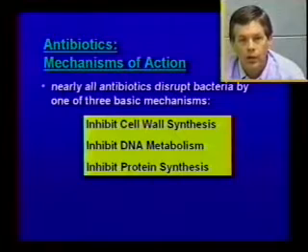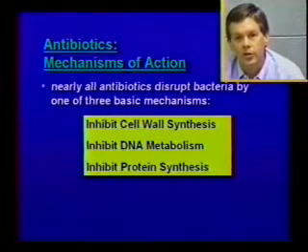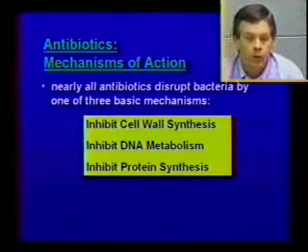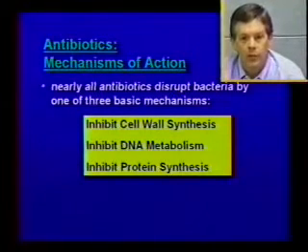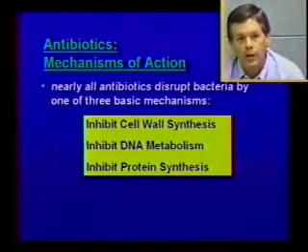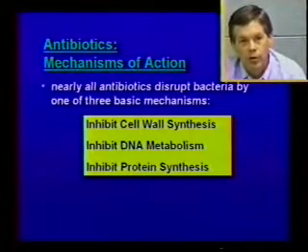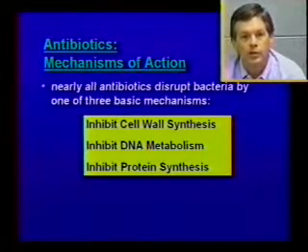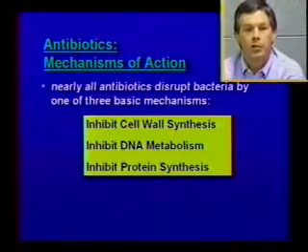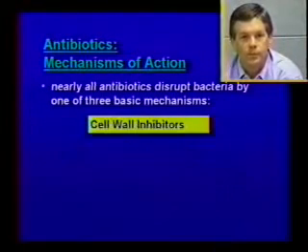And finally, drugs that can interfere with protein synthesis, whether they do that reversibly or irreversibly within microorganisms, are a third major class. In all of these cases, the antibiotic agents are effective against the microorganism and not against the host animal cells by virtue of the ability of these agents to selectively interfere with a process that's somehow unique or different within the microorganism. And that's the basis for their selective toxicity.